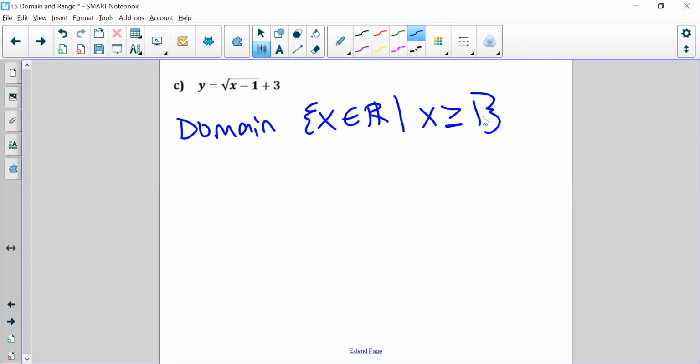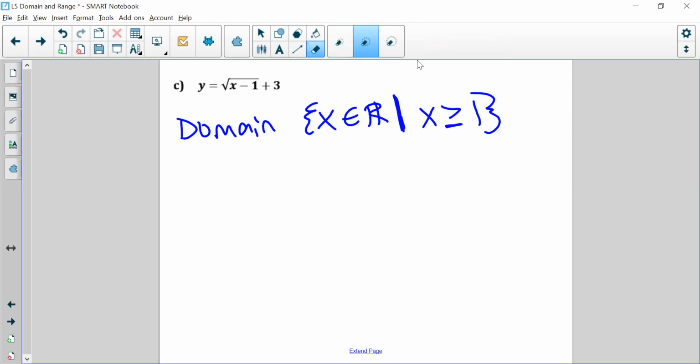Questions on that one, guys? What's the x after the line? What does that mean? So this straight line here, Makai, means yes, x is a subset of all real numbers, but there's limitations. x is greater than and equal to 1.